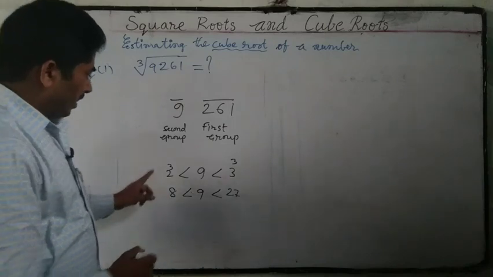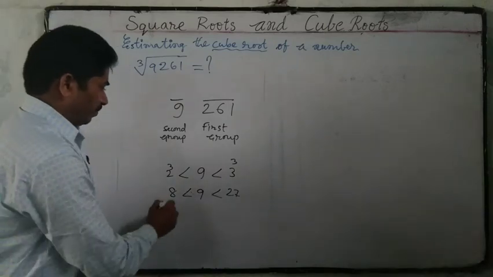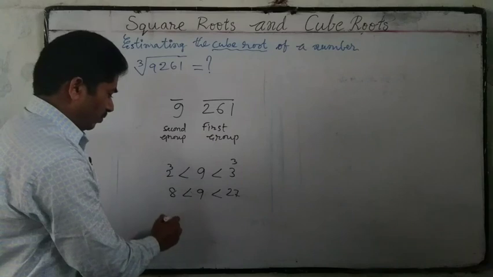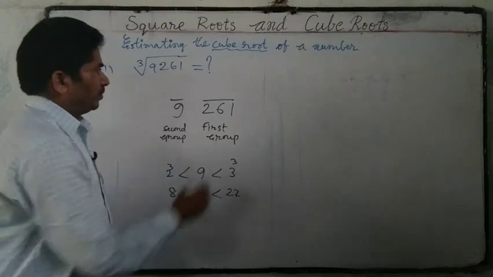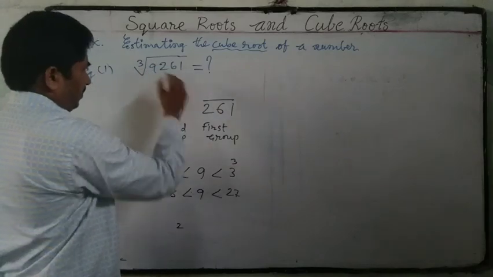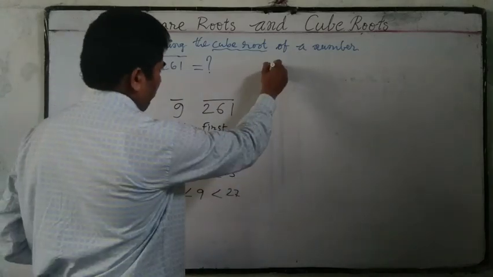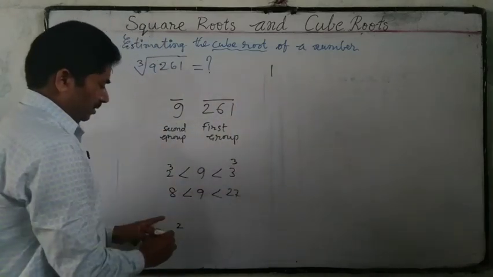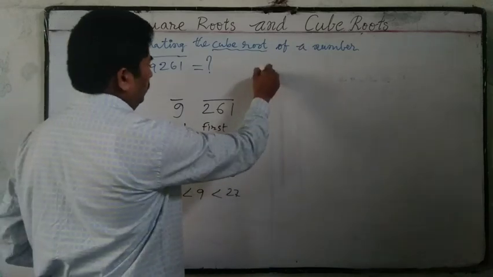So in the tens place, the cube root is 2. We got 1 in the units place and 2 in the tens place.